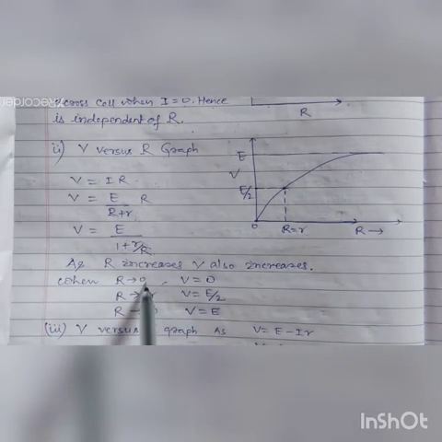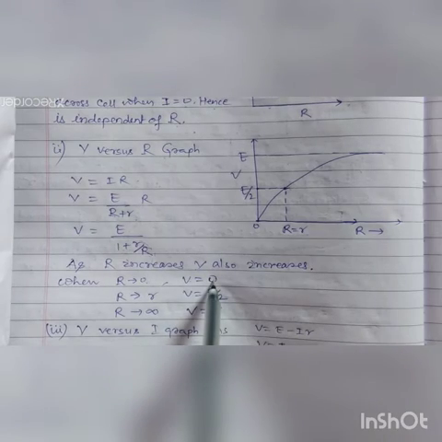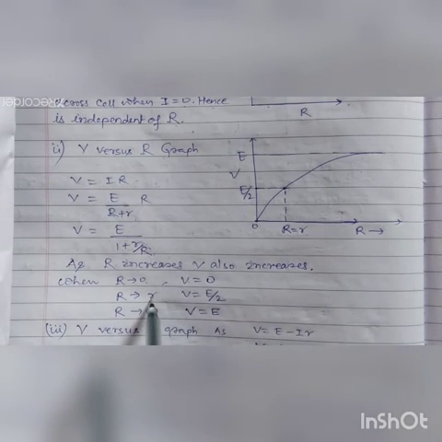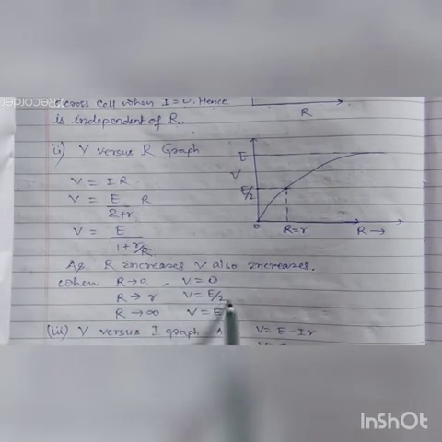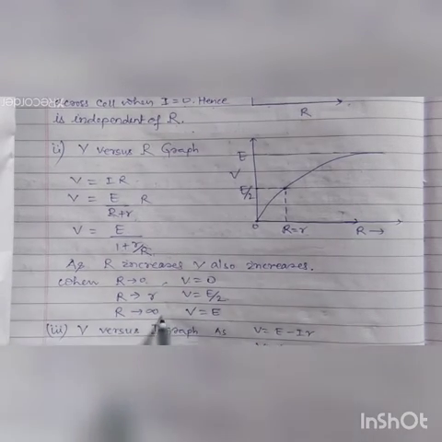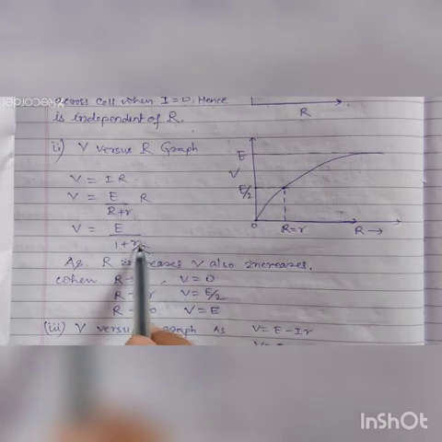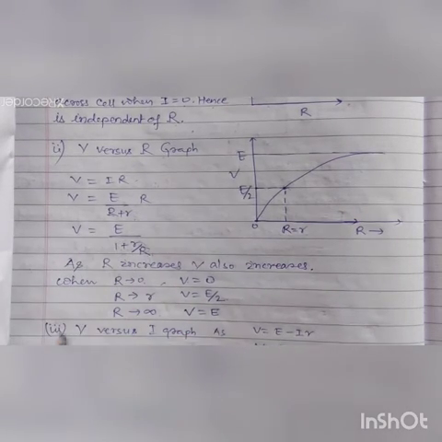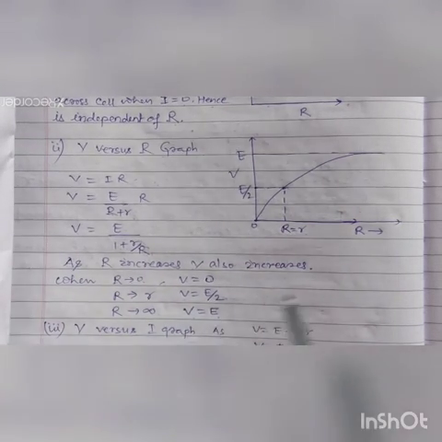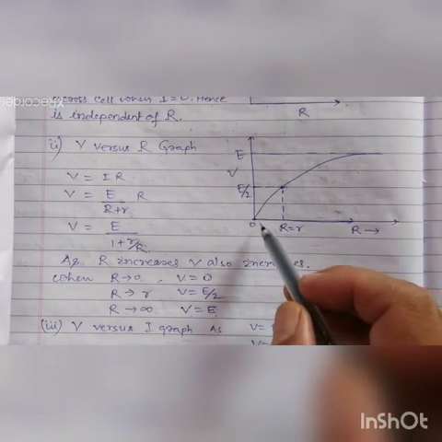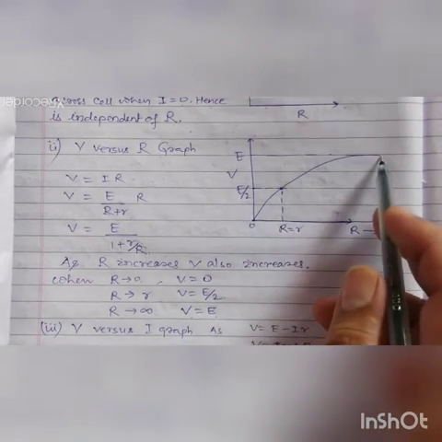When R is 0, V becomes 0. When R is equal to r, V is equal to E by 2. When R becomes infinity, r by R becomes 0, so V becomes E. So if we plot a graph, we will get a graph as shown in the figure.